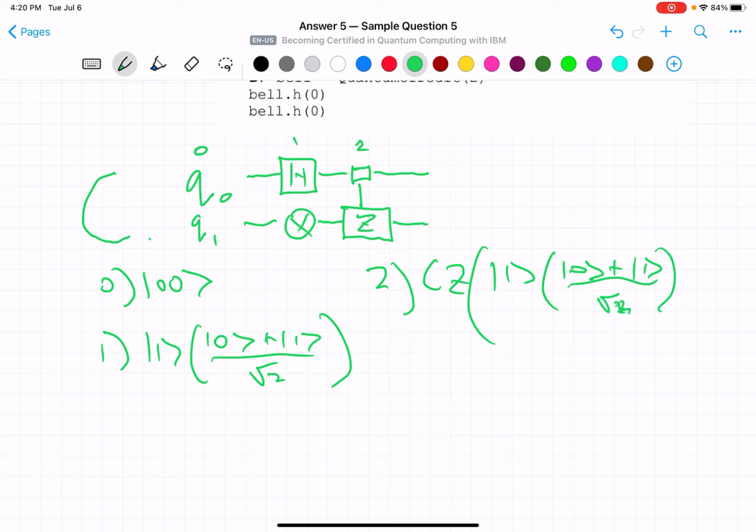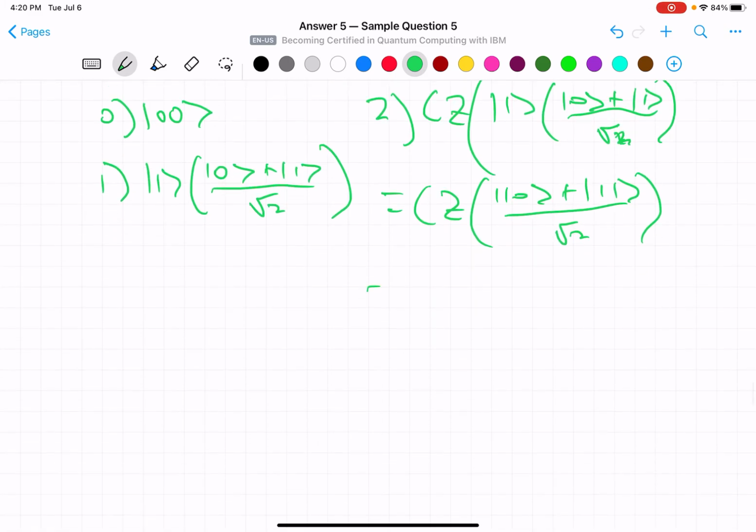So we'll write that down here: |10> + |11> over root 2. And now we can see it won't affect the first part, but it will affect the second. So we'll say the Z gate happens on Q1 when Q0 is a 1.